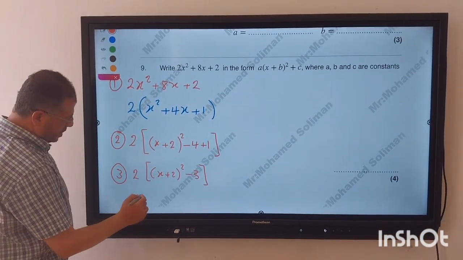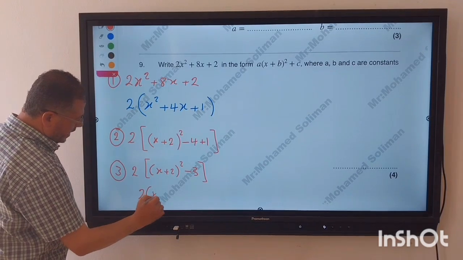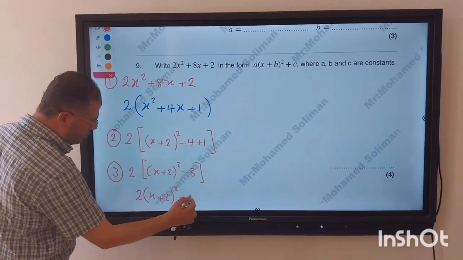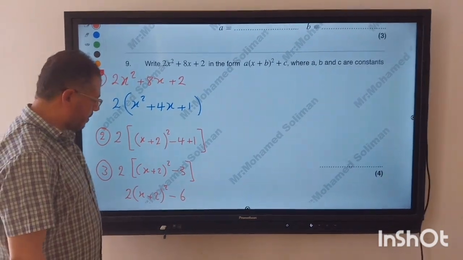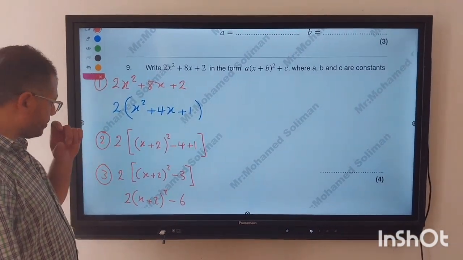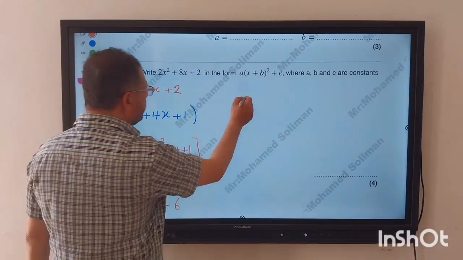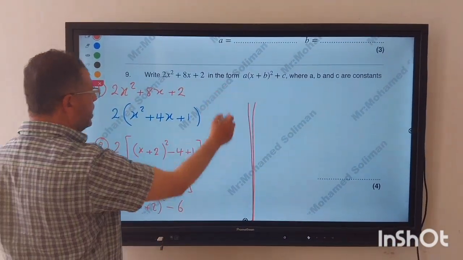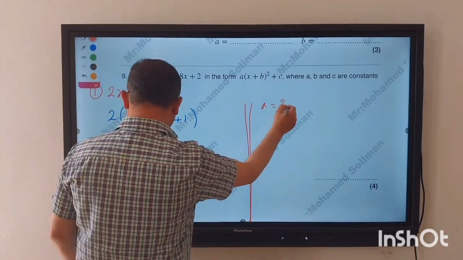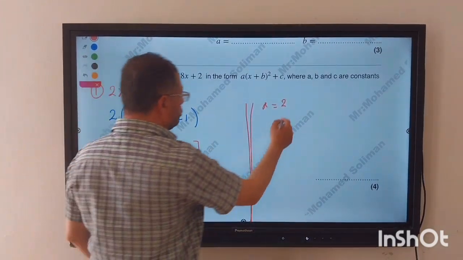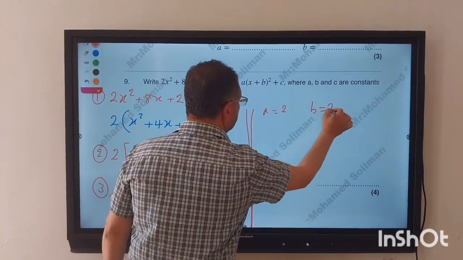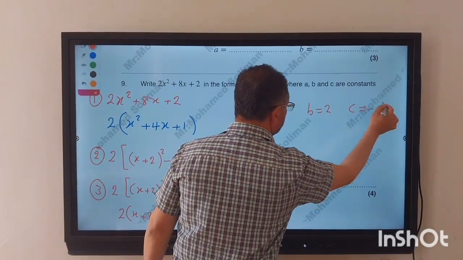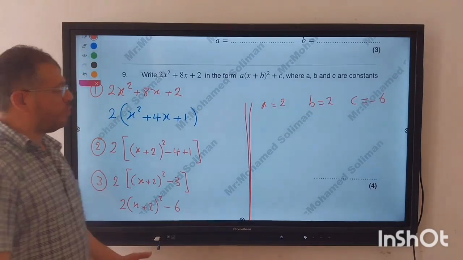Here 2 becomes what? 2 times x plus 2 power of 2 minus 2 times 3, it will be 6. So here, what is the value of A? What is the value of A here? A is equal to 2, B equal to 2, and C equal to negative 6.